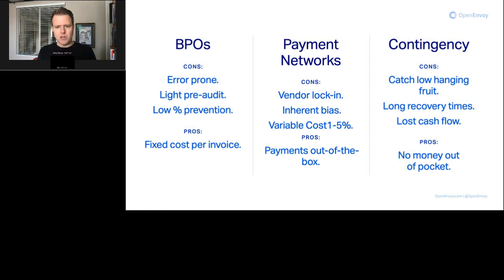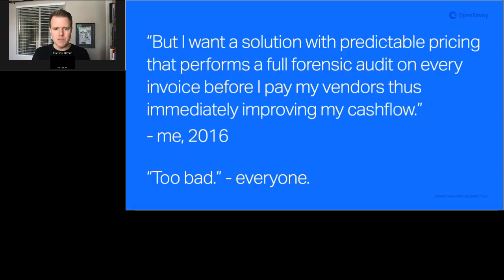Then I'm going to charge you 25 to 50%, somewhere in there, of the recovered costs. The recovery times take a very long time. In the shipping world, sometimes they can take up to 9 months. So you're basically guaranteeing that you've already overpaid a vendor before you ever get to recoup that cash. But the pro is no money immediately out of pocket, right? It's just not the most efficient solution if you can afford it.